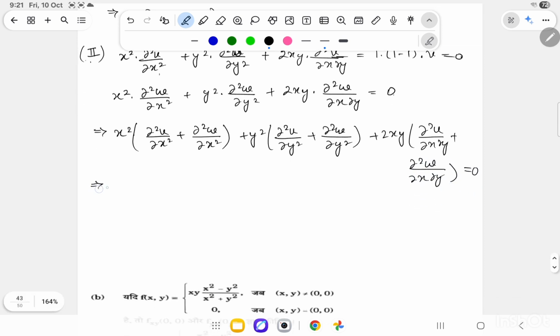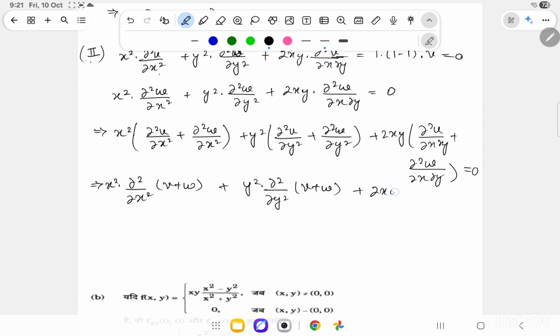And these terms can be written as x square times del square by del x square of (v plus w) plus y square into del square by del y square of (v plus w) plus 2xy into del square by del x del y of (v plus w) equals 0.